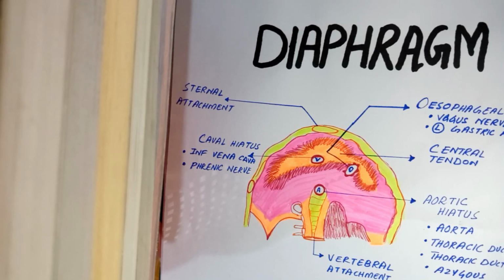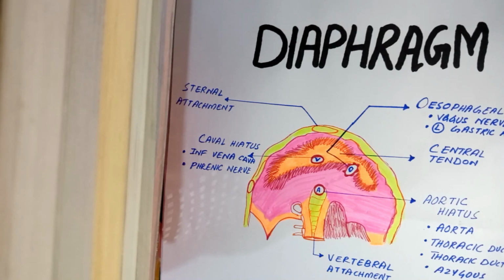So subcostal arteries, lower 5 intercostal arteries, right and left inferior phrenic arteries, the musculophrenic arteries and the pericardiophrenic arteries. You can see that it has extensive arterial supply.